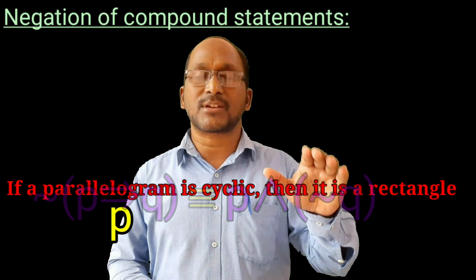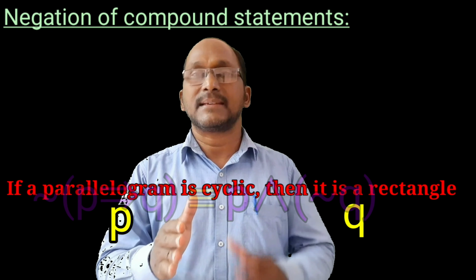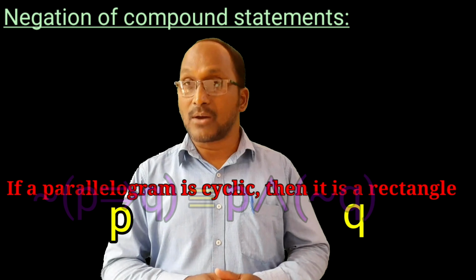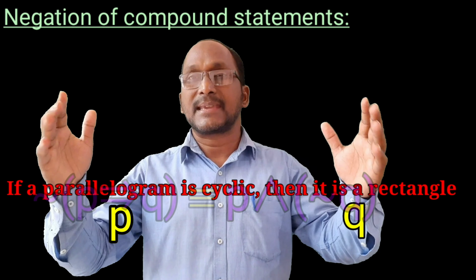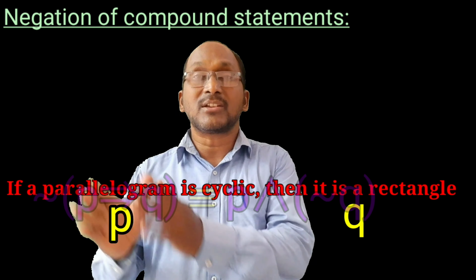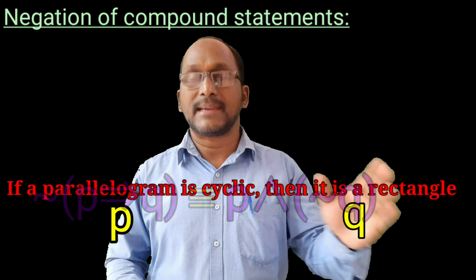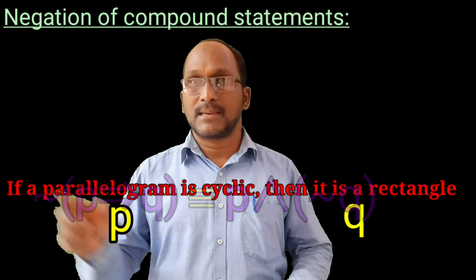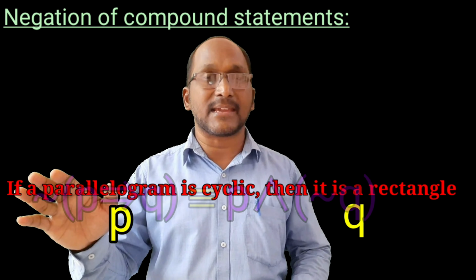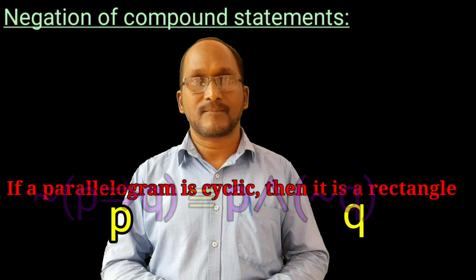It is a rectangle is denoted by Q. This statement will be if P then Q. Now this statement can be taken as a parallelogram is cyclic P and so it is a rectangle.